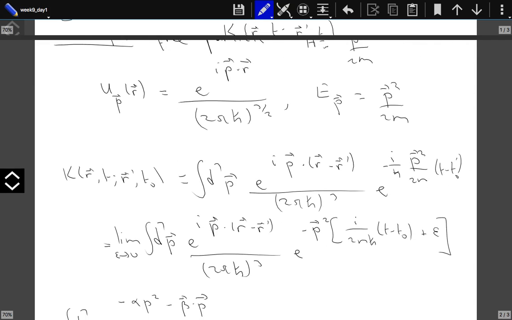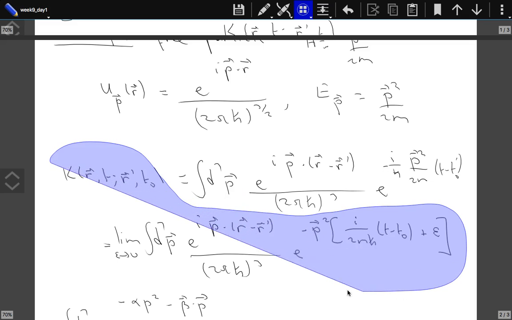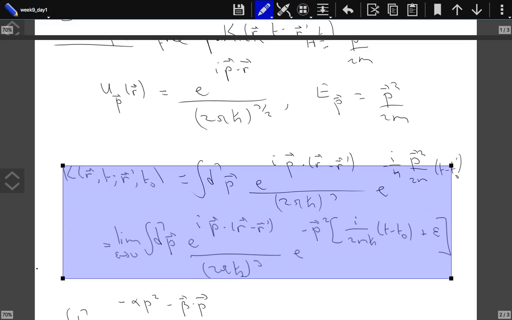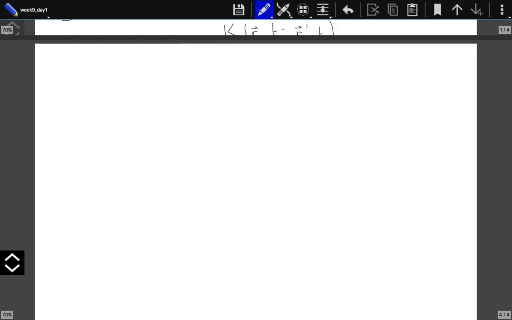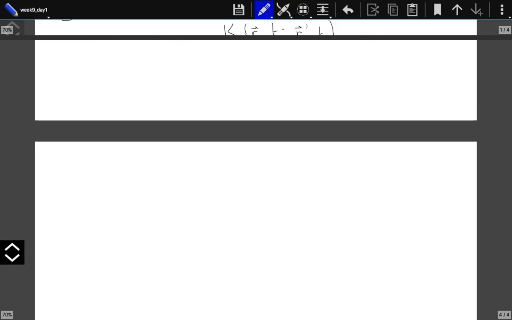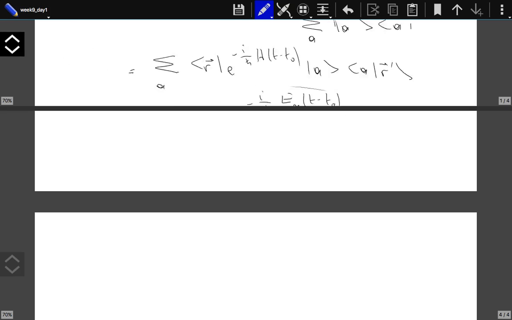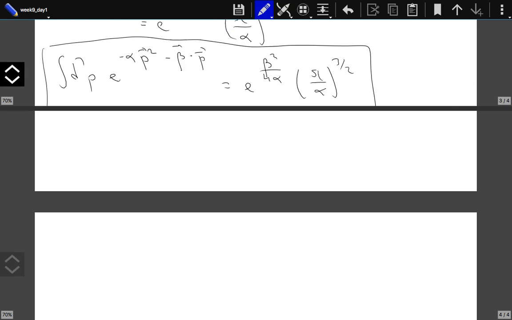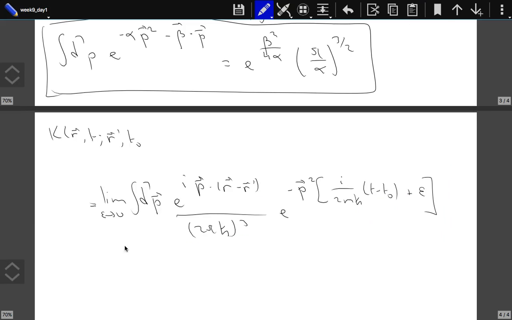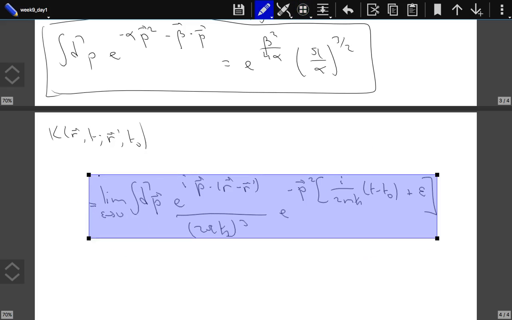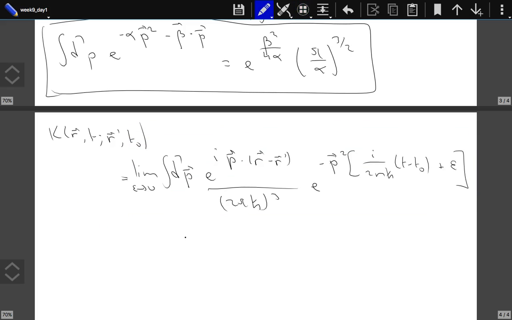Now what I was trying to evaluate was this term over here. This is what I'm trying to evaluate, that p integral.